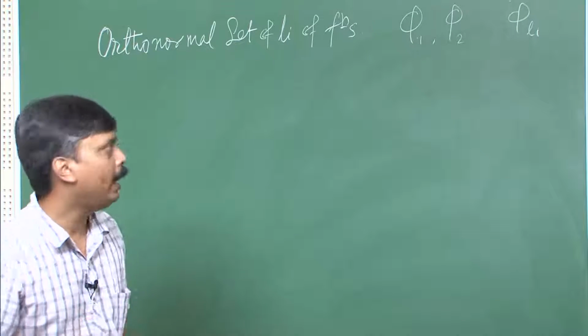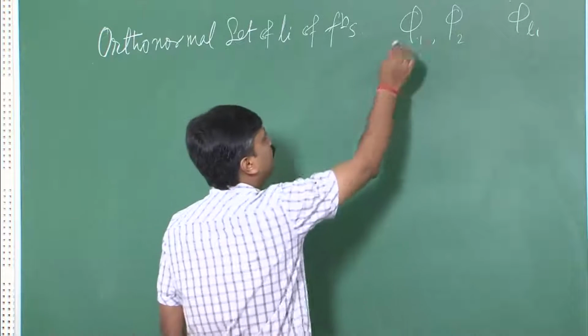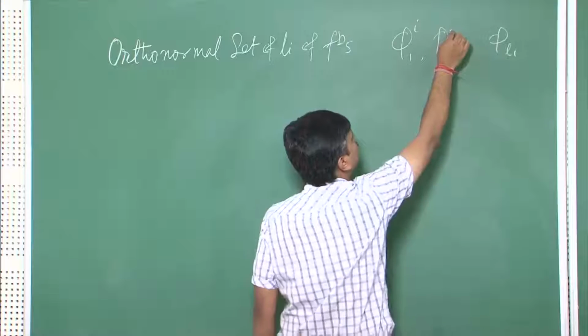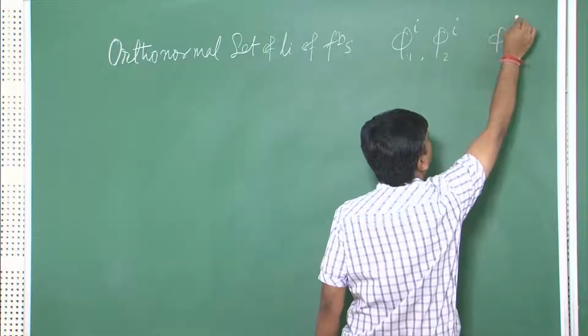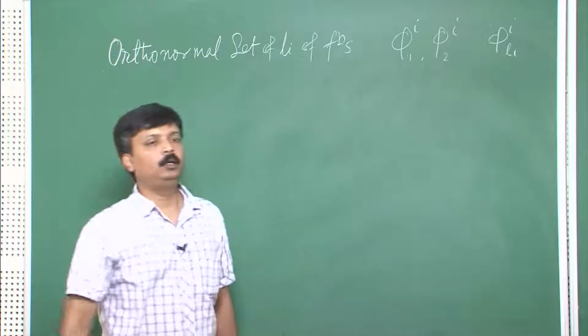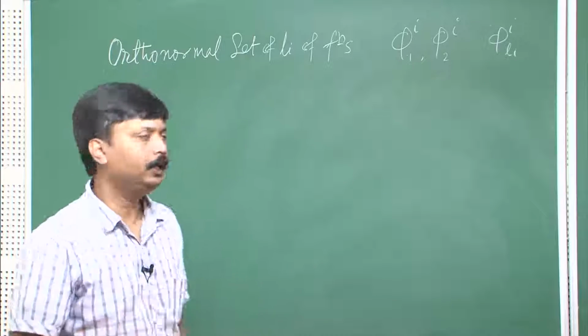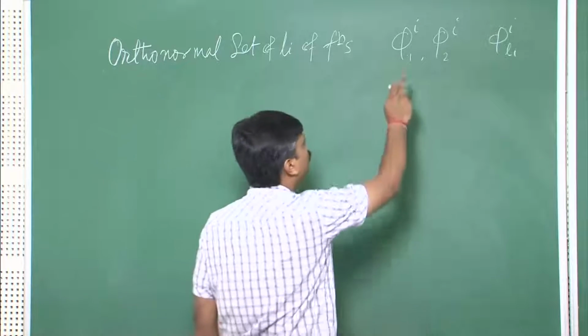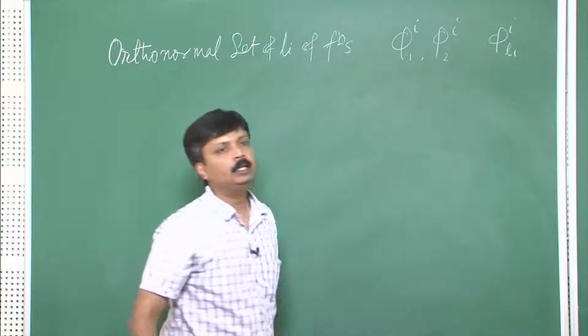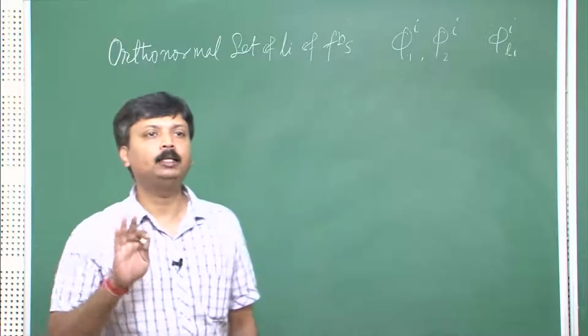So if this forms the basis for an ith irreducible representation, we will put a superscript I. That will tell you to which irreducible representation these functions act as basis for.